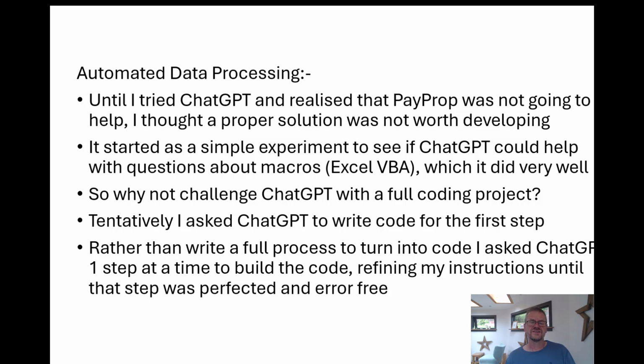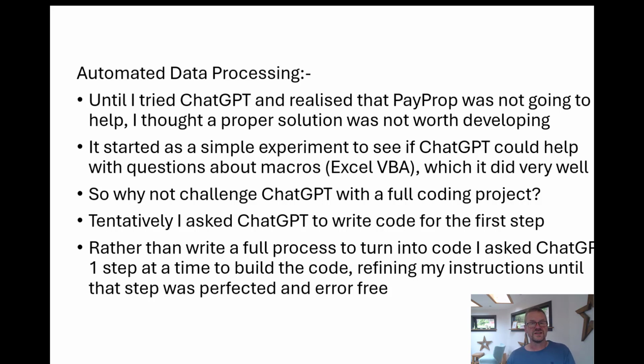So tentatively I asked ChatGPT to write code for the first step, and when it wasn't quite right, maybe I hadn't given ChatGPT the right instructions, or maybe ChatGPT had written some code that was creating errors on the data that I applied the code to.